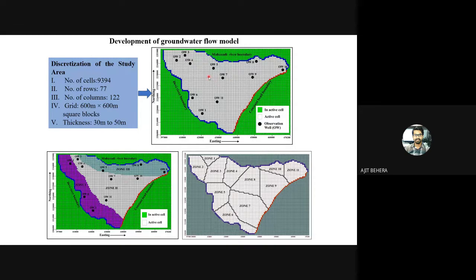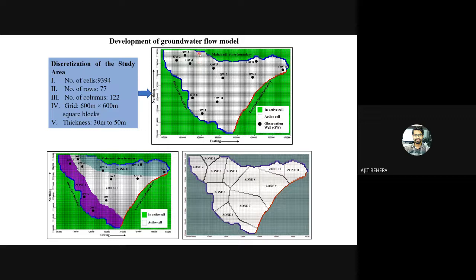Basically our objective is to study this area, so we have kept this active cell. These are the different observation wells. From these observation wells, we get the initial head value, or hydraulic head value.